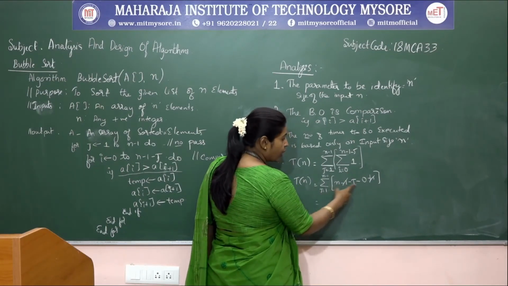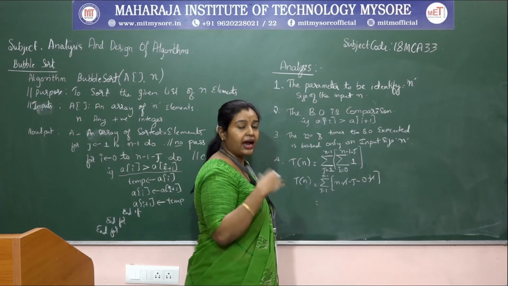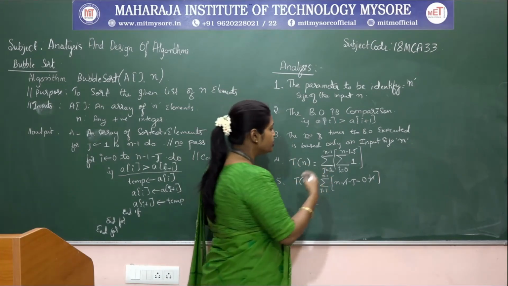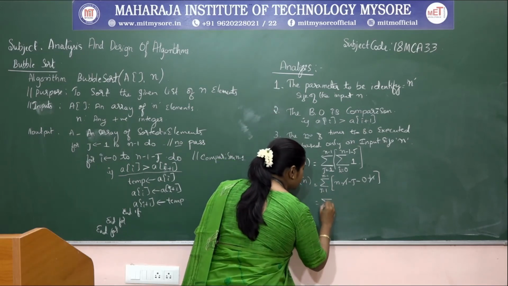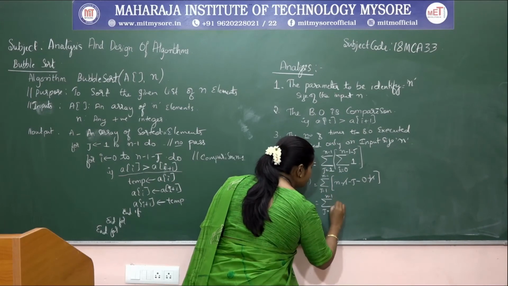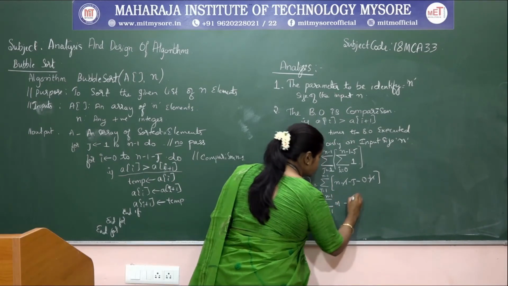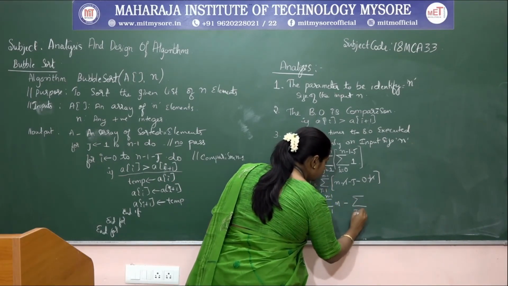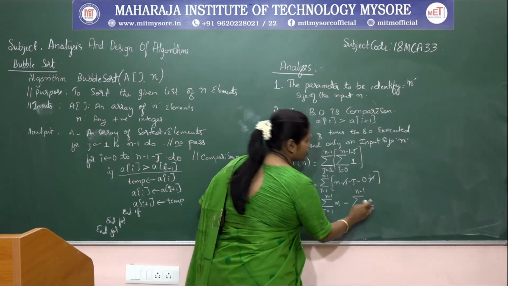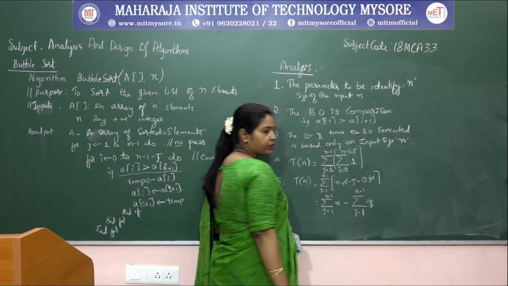Now you have two different terms, n and j. We need to apply the summation equation for those two separately. So for that what we will get? Summation j is equal to 1 to n minus 1 of n, minus summation j is equal to 1 to n minus 1 of j.